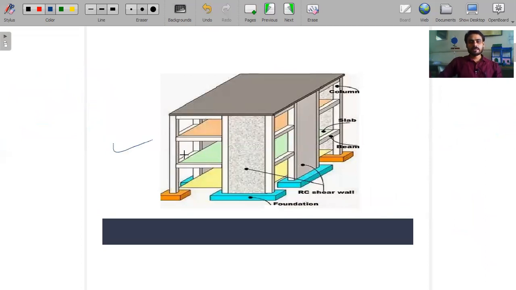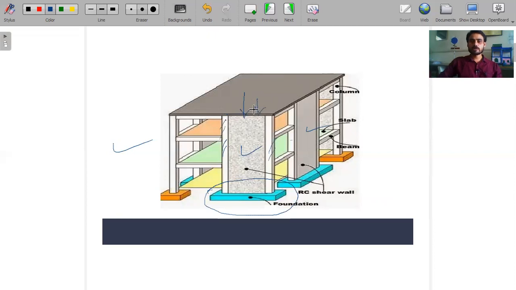In this picture we can identify how shear walls are placed in a multi-story building. This is a shear wall, this is a shear wall. Shear wall means a completely RCC wall from top to bottom. Here that is not a column; the edges are constructed in such a way that they look like a column. A shear wall has its own foundation system, because it not only transfers lateral loading but also transfers vertical loadings through it.